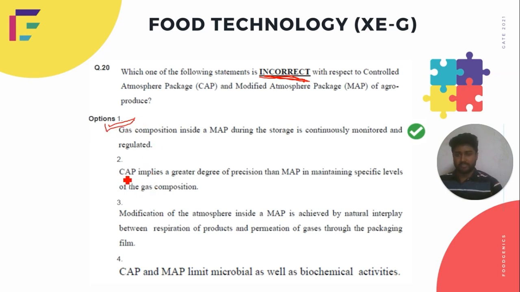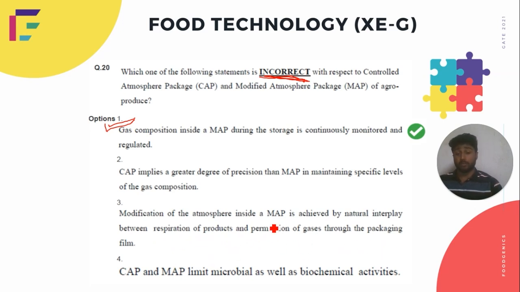Next, although this is an MCQ, still let us verify. The next option is CAP implies a greater degree of precision than MAP in maintaining specific levels of gas composition. Yes, as mentioned in option 1, in CAP we generally monitor and regulate it, so this option is correct. In the third option, modification of atmosphere inside a MAP is achieved by natural interplay between respiration of product and permeation of gases through the packaging.